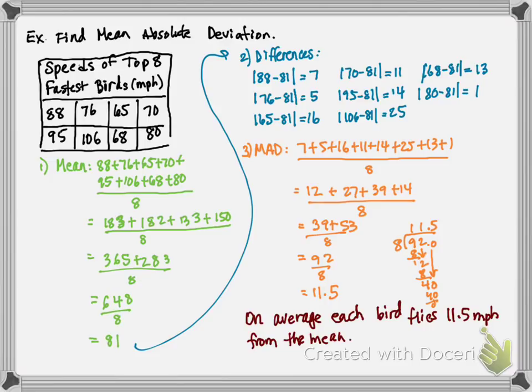Okay, let's try a different problem. Just to give you an idea, let's say we have 2 sets of data, and we want to compare MAD for 2 sets of data. To compare MAD for 2 sets of data, we have a couple things that can happen.